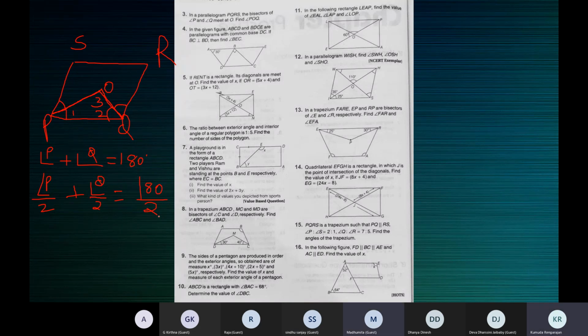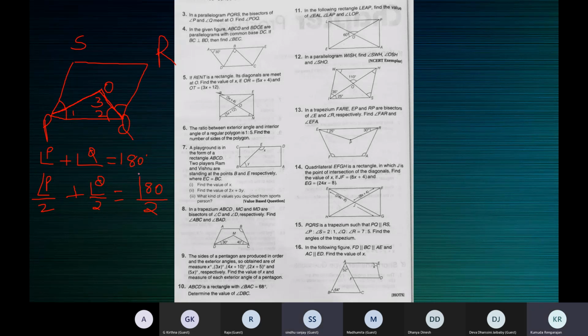Okay, ma'am. Ma'am, can we use angle sum property here, ma'am? I use that way, ma'am. Yeah, that's what we are going to use. I'll ask you to read out your steps later. And let me just finish this. Yes, ma'am.